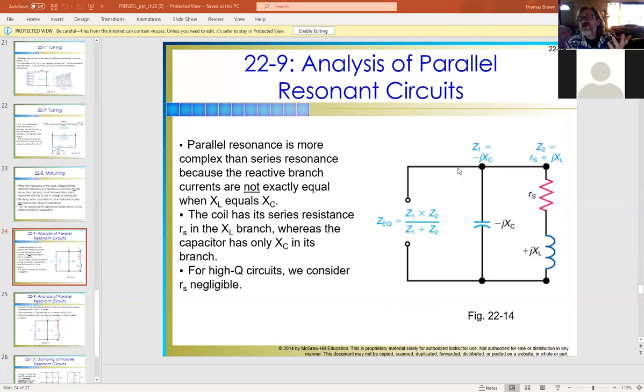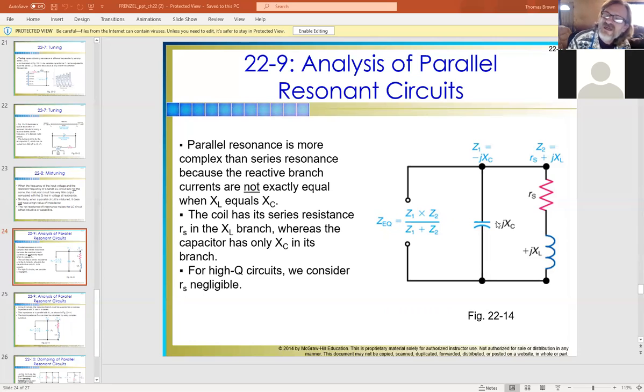We have a parallel network. We have a total current going in here, and then it's going to split between the two legs. It's not going to be equal, even though we've stated that these two components should, as far as reactance is concerned, still equal out. Well, this is the real world now, right?